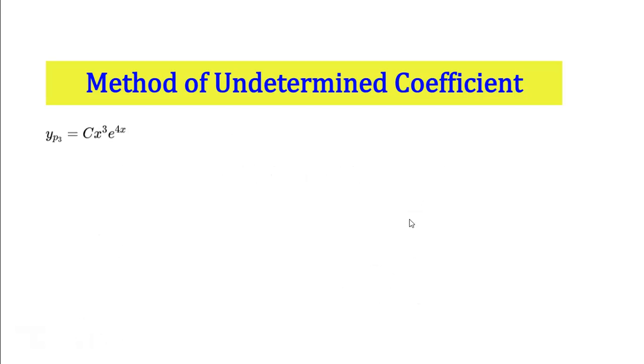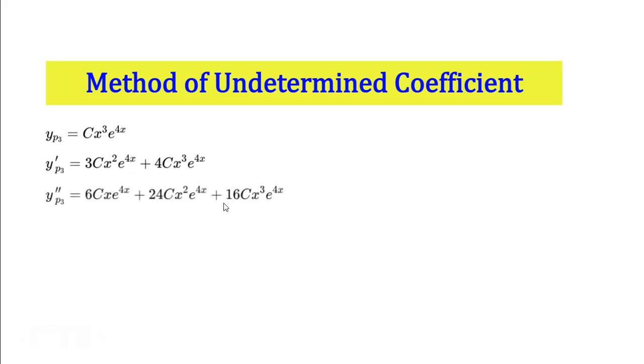So we can now go and determine our third particular solution. So using product rule again to differentiate y of p3, we differentiate for the first time, we come out to this value here, holding one value constant and differentiating the other. So we differentiate for the second term, it will bring us to these values.